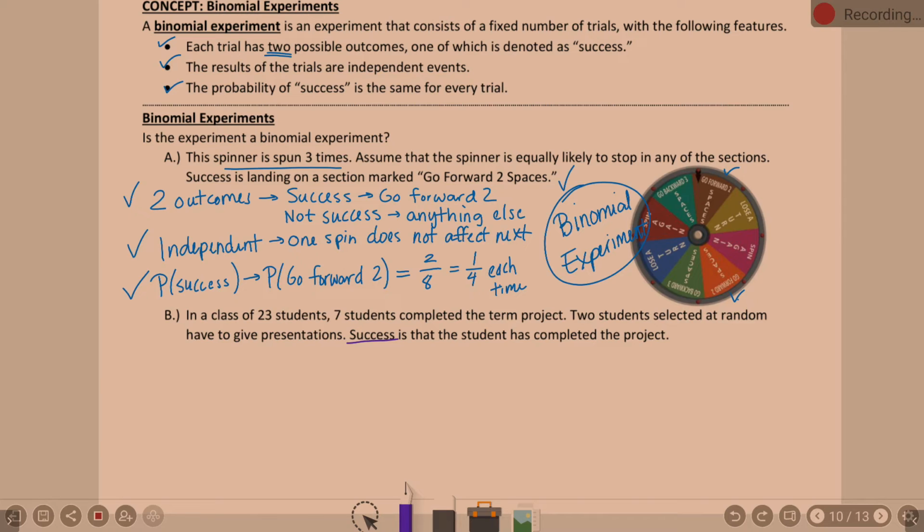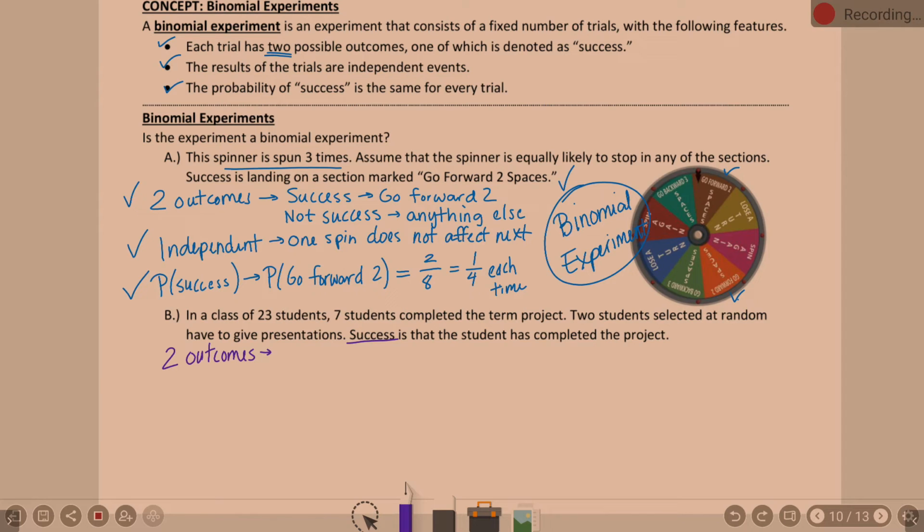I'm going to go through each of my check boxes. First of all, are there 2 outcomes? Yeah. Success is they completed the project. So what's the opposite of success? Okay.